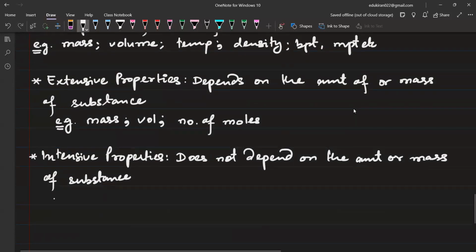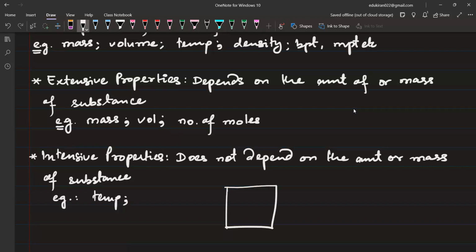For example, let's suppose temperature. No matter what, suppose you have a very big tanker with temperature 10 degrees Celsius. If you remove a small portion and measure the temperature, it will still be 10 degrees Celsius, right? Then boiling point. Water's boiling point is 100 degrees Celsius, no matter whether you have 1 kg of water or 1000 liters of water.